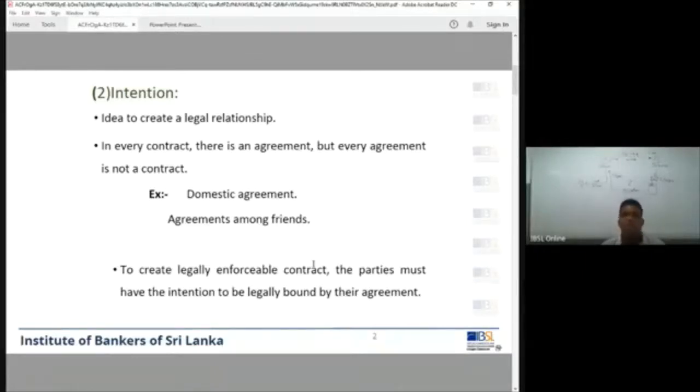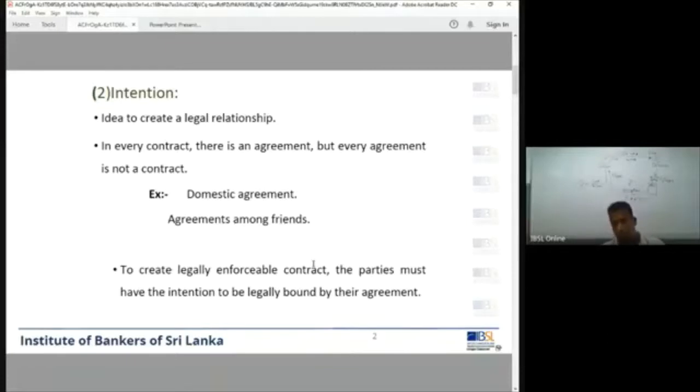So what is intention? We said that to come to an agreement, we need a minimum of two people, offeror and offeree, right? Minimum two people are needed to create a contract. Offer is the promise made by the offeror.